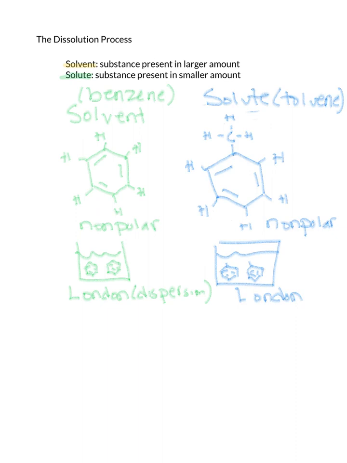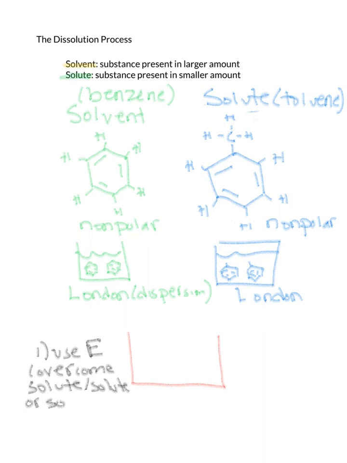But when we mix those two things together, we put some of the benzenes in and some of the toluenes in, you have to imagine that 2 things are happening, right? The first one is we have to use energy, and I'll use E for energy. Why? Because we're overcoming solute, or solvent, IMF, right?